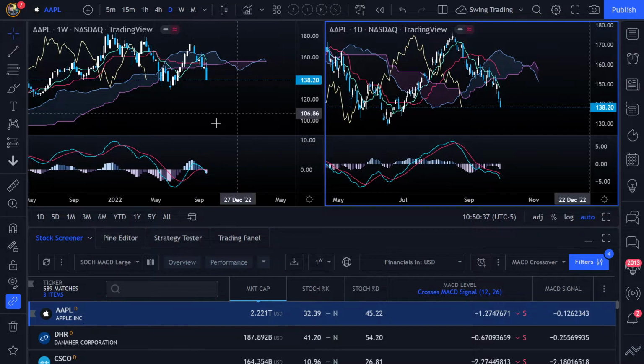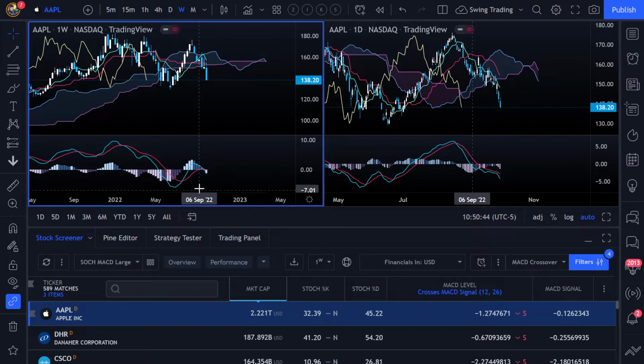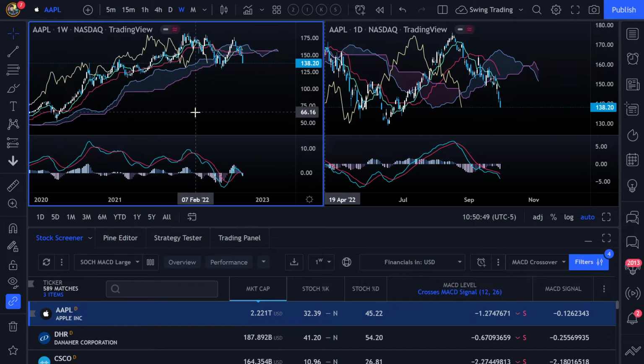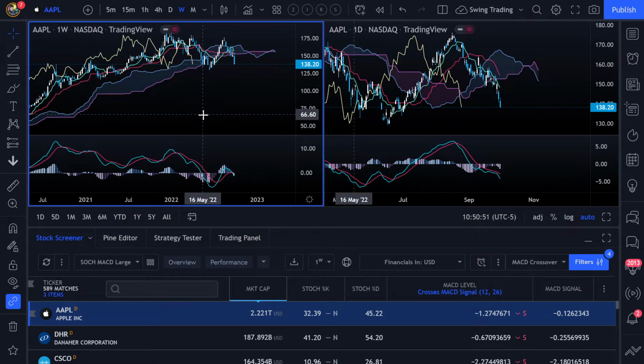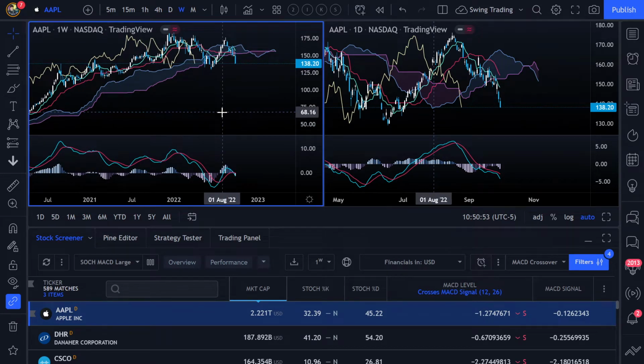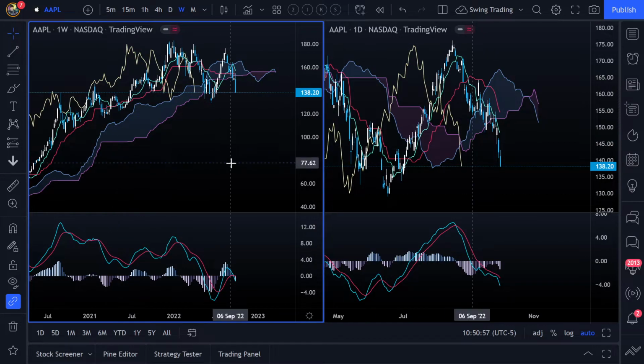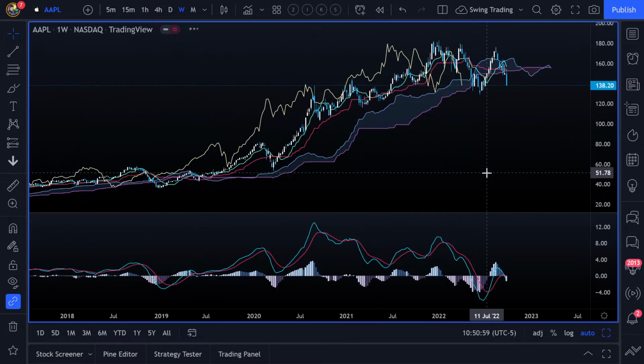So let's begin. You can see that the first match is the Apple stock. So Apple is experiencing a bearish MACD crossover in the weekly time frame. So this looks like a warning for us, all of the Apple stock owners. So let's take a look at some price action.